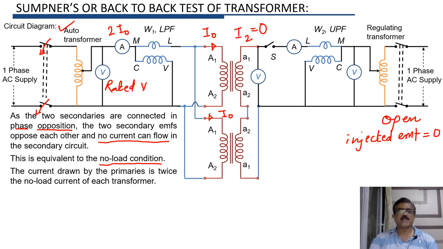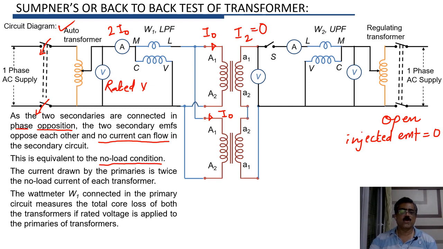Now in the open circuit test, you know that the wattmeter reading is equal to the iron loss or core loss in the transformer. So here core loss will occur in transformer 1 as well as in transformer 2, and therefore W1, this wattmeter, shows the core loss which is taking place in both the transformers.